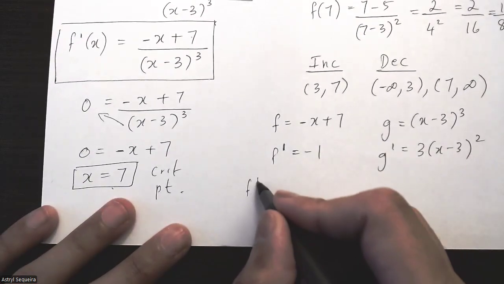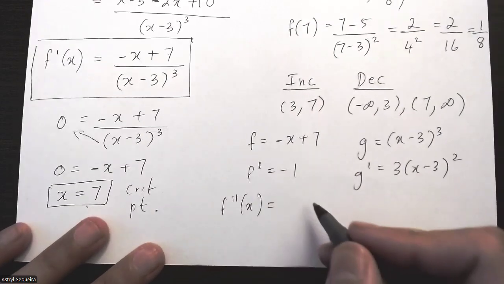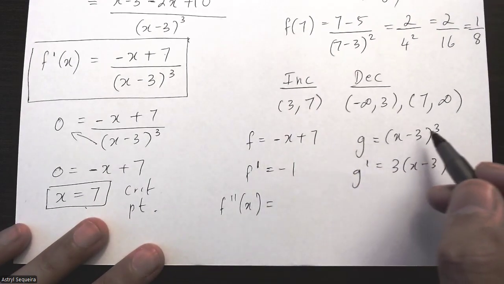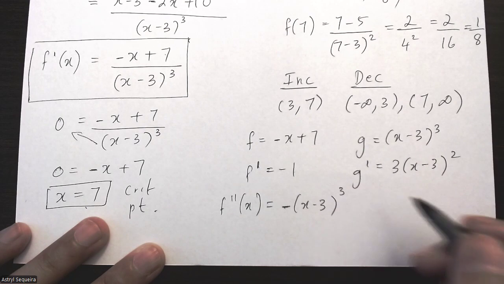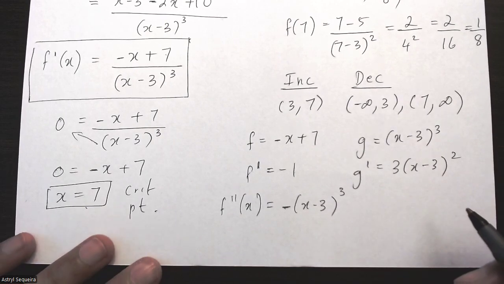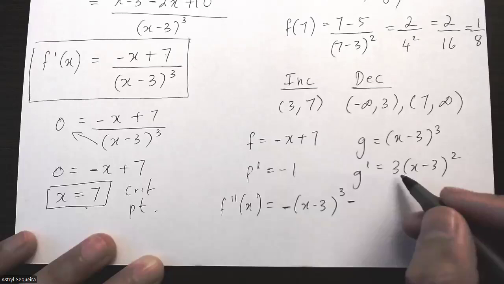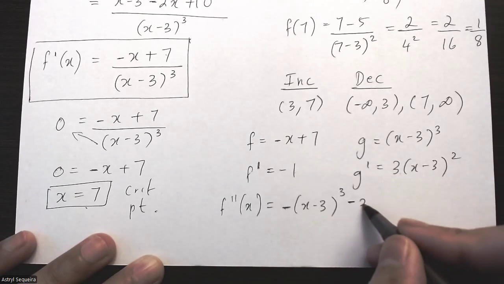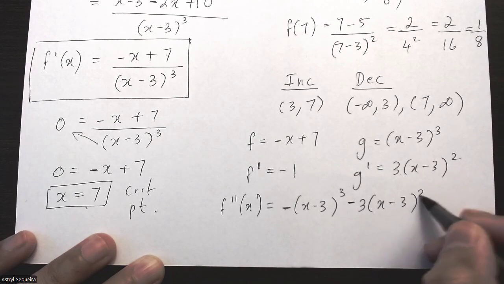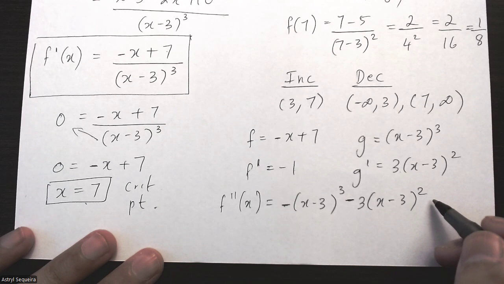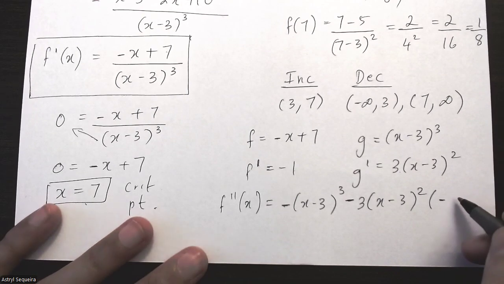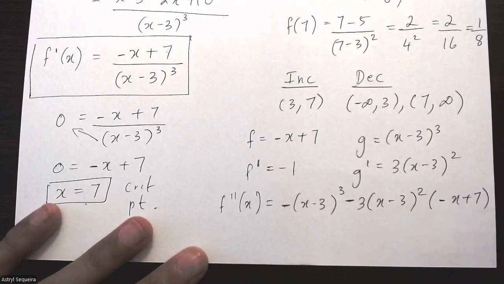So let's put this in my quotient rule again. So f prime times g, so that's negative x minus 3 cubed, minus g prime, 3 times x minus 3 squared, times f, which is negative x plus 7.